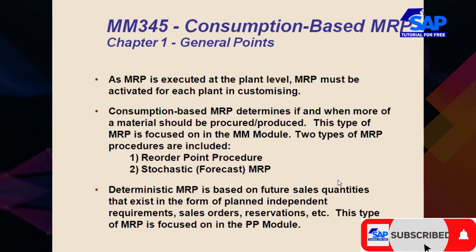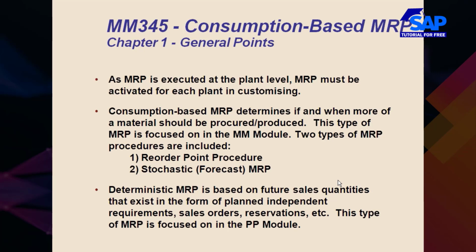Assume you have 5 storage locations in a particular plant, you can exclude some storage locations and run MRP. All these things are possible, but normally MRP is carried out at plant level. For that you need to activate the MRP, which we call the MRP area.